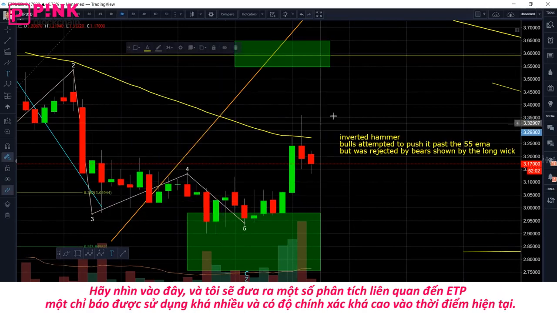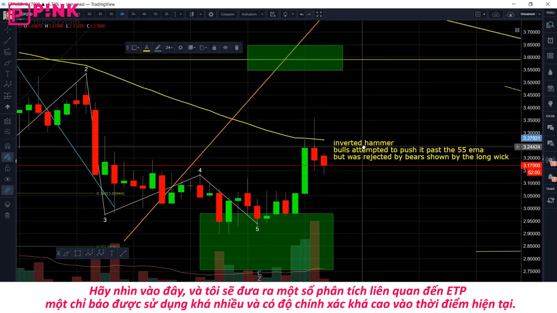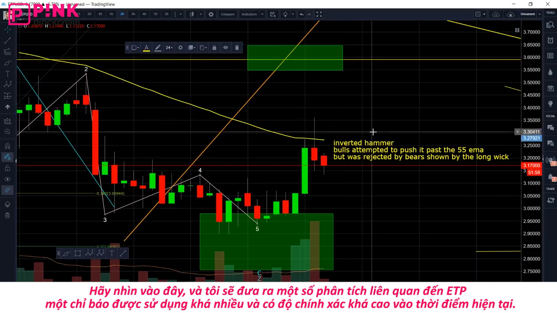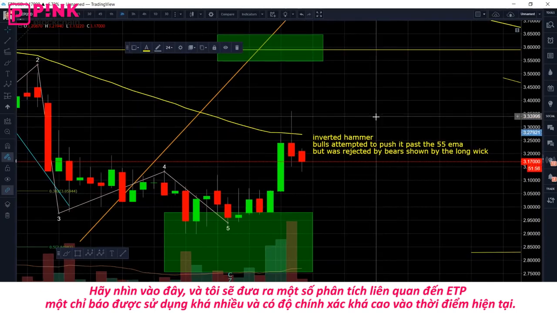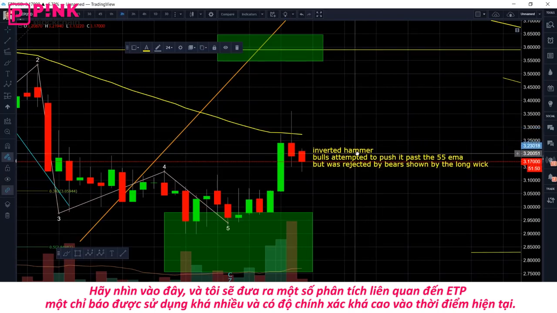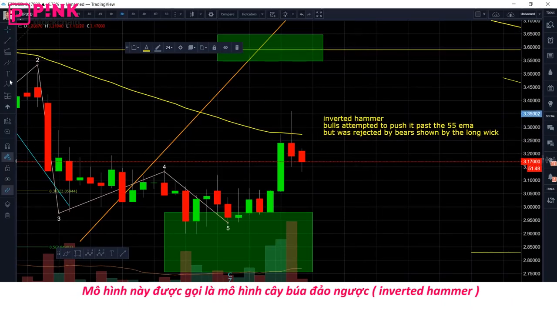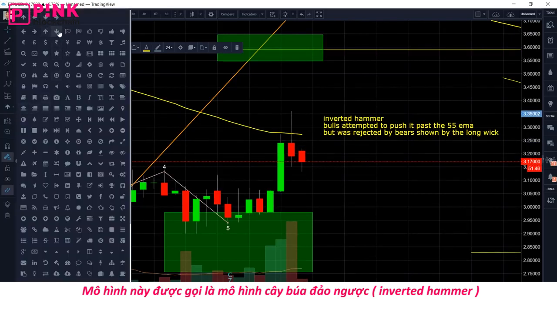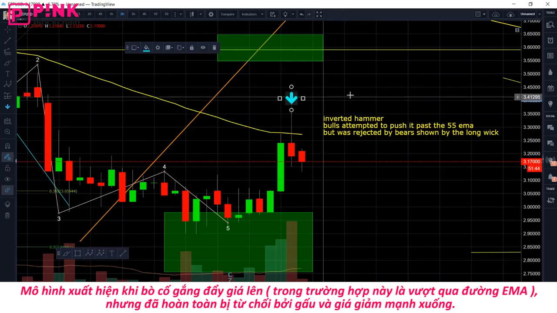Okay, look at this guy right here, and I actually just did an OmiziGo analysis, and I was referring to ETP as kind of a rough guideline of how they're very similar, with a similarity index that's very high right now. And this one here is what we call an inverted hammer.